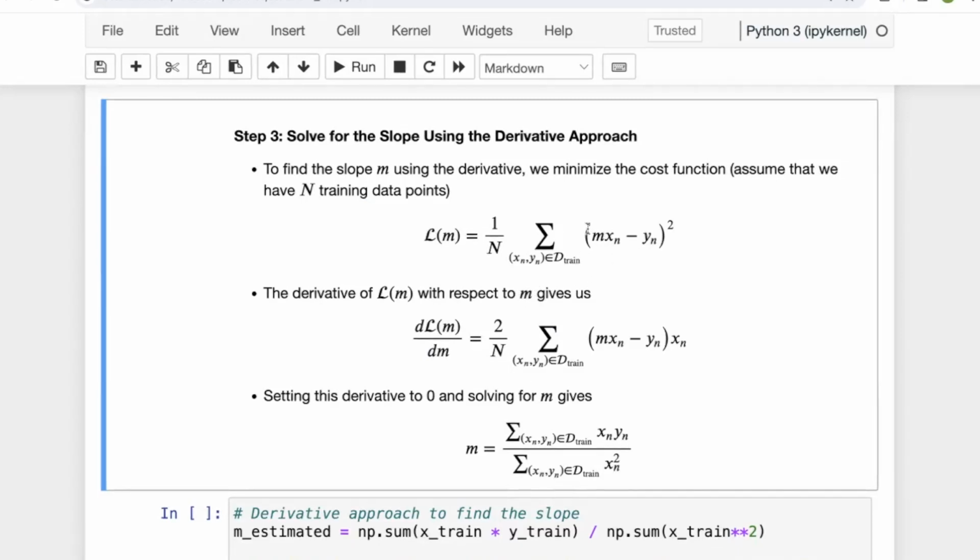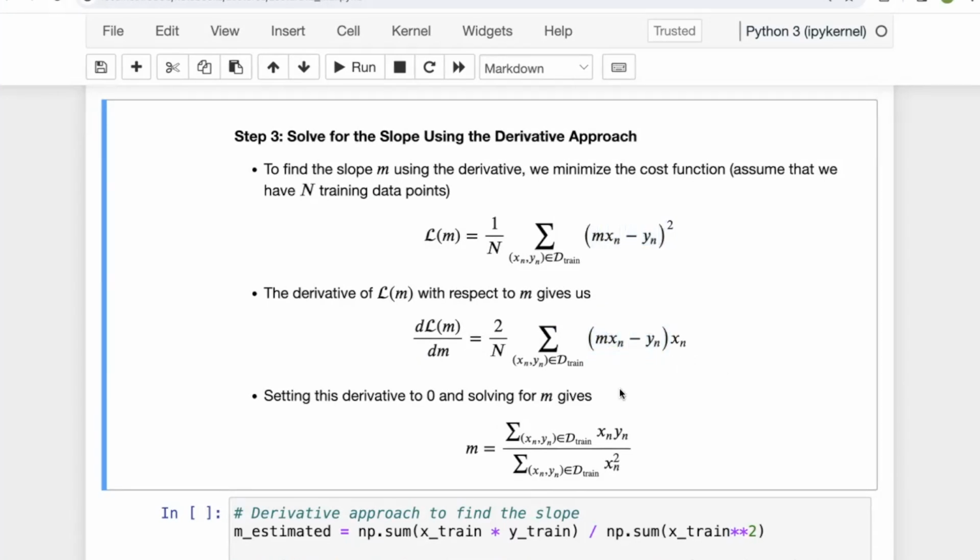One way to do this is to call what we have here, let's say, z, to be able to use the chain rule easily. Then the derivative of z squared is 2 times z, and then we have to take the derivative of z with respect to m, which is xn.